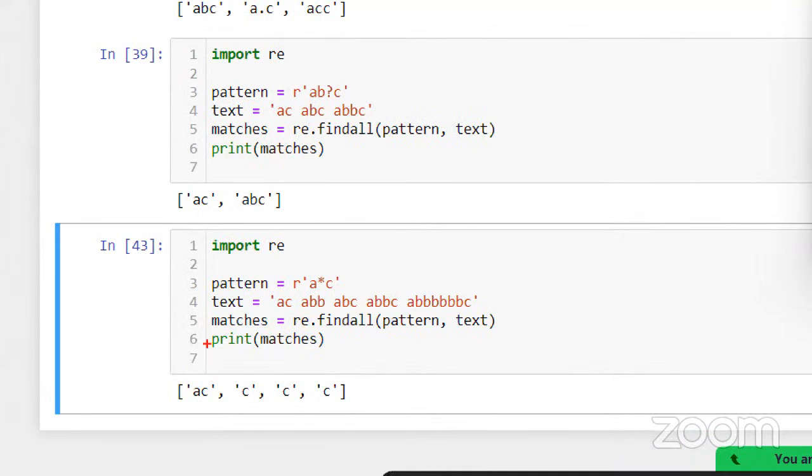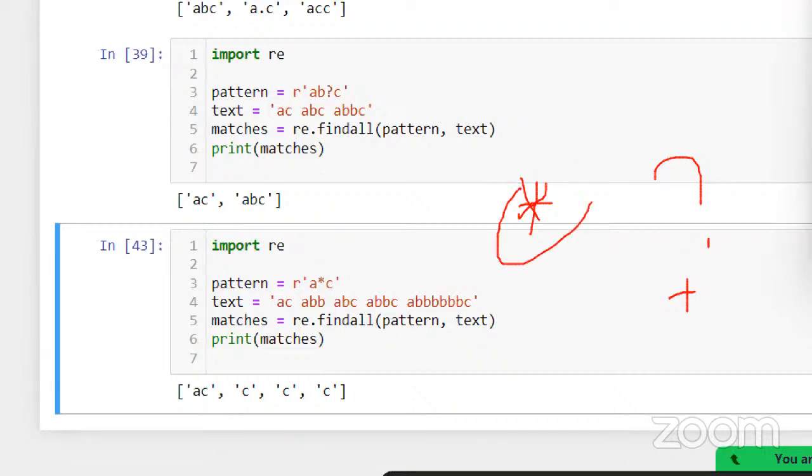So why only this many? See what the star is doing. Star is very confusing compared to question mark and plus, correct? Is it looking for the pattern or just that particular character?